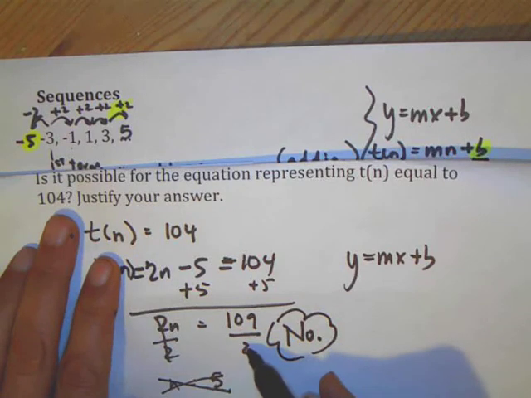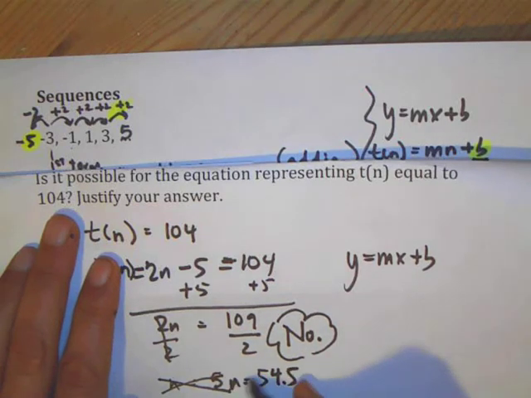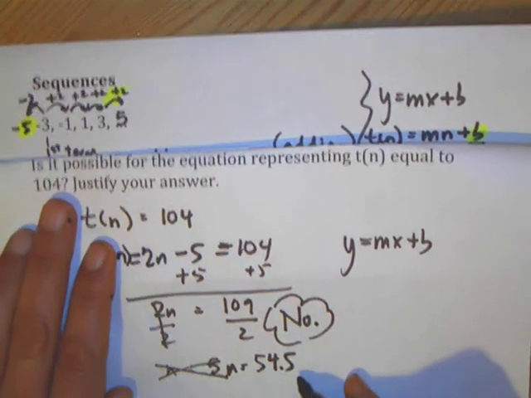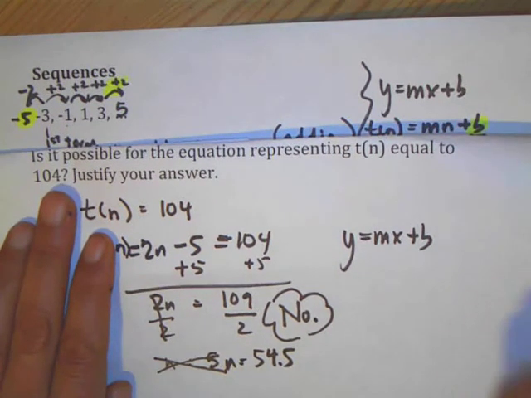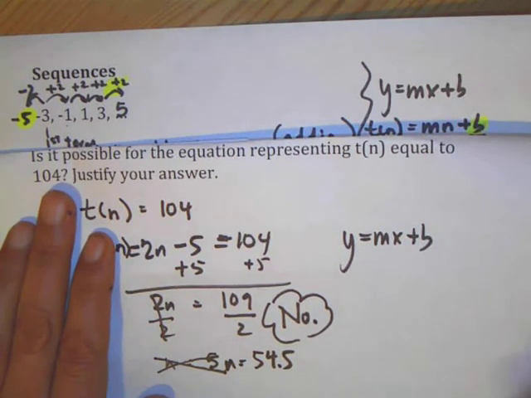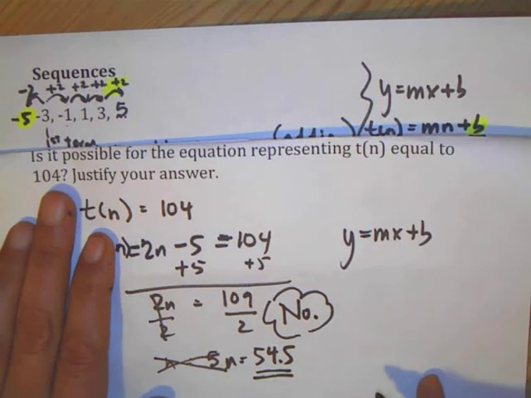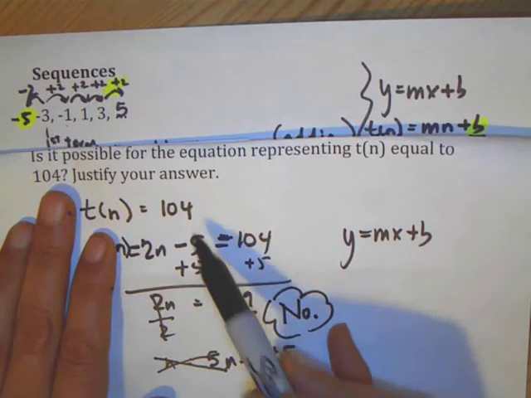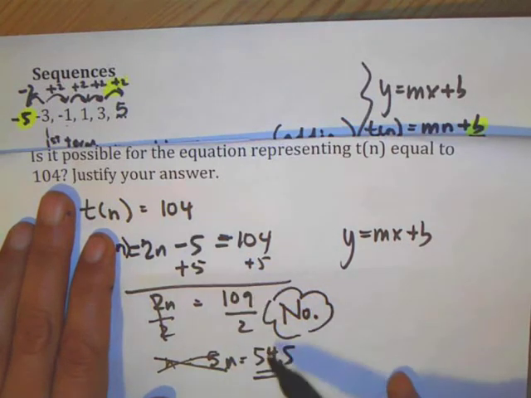You get a fractional number. And as a result, you would get n equals 54.5. Well, this is not a term. Once again, we have term 1, term 2, term 3, term 4. This is not a term. Hence, this value cannot be part of the sequence. Okay, so that's another important piece to get.